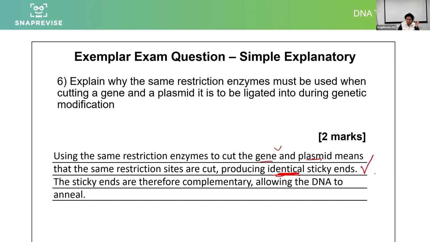That is my 1 mark. The sticky ends are therefore complementary to each other, allowing DNA to anneal and allowing, here you could add a little bit of specificity, this answer is fine, it's according to the mark scheme, you could say allowing gene and plasmid, if you want, to anneal.